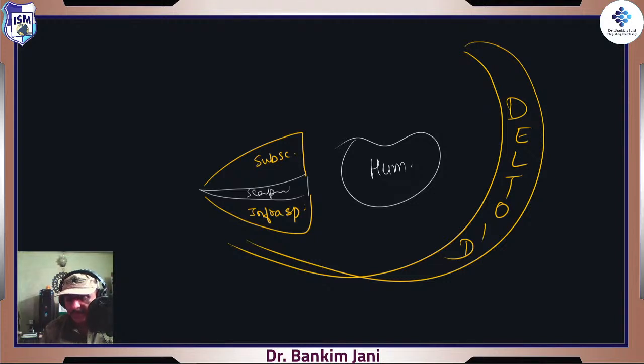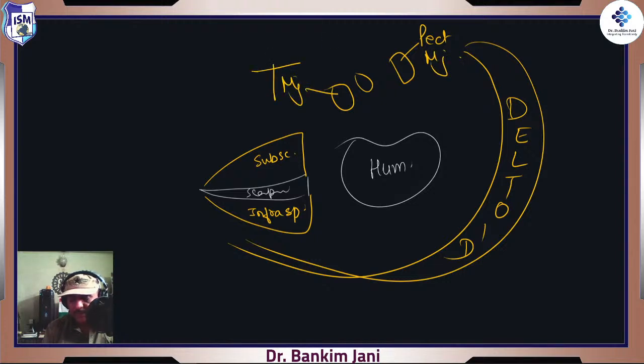There are just 3 muscles over here, and you know them so well: this is pectoralis major, this is teres major, and in between you have got latissimus dorsi. Now, where were they?